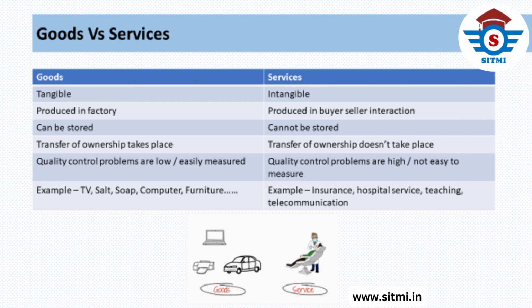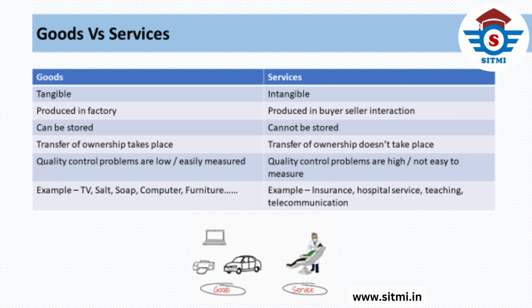Also one of the important differences is that in case of goods, the transfer of ownership takes place from one person to another person or from one entity to another entity. However, the transfer of ownership in case of services is usually not available.